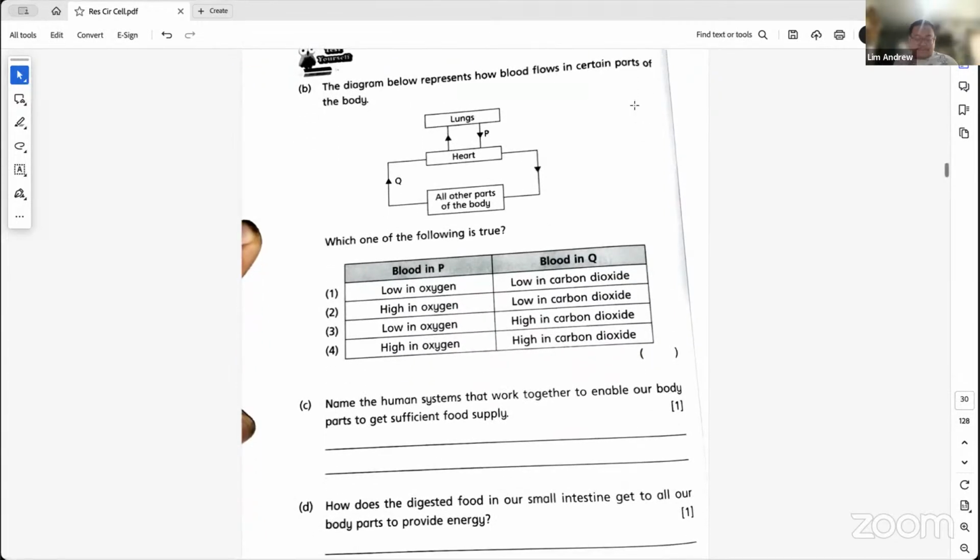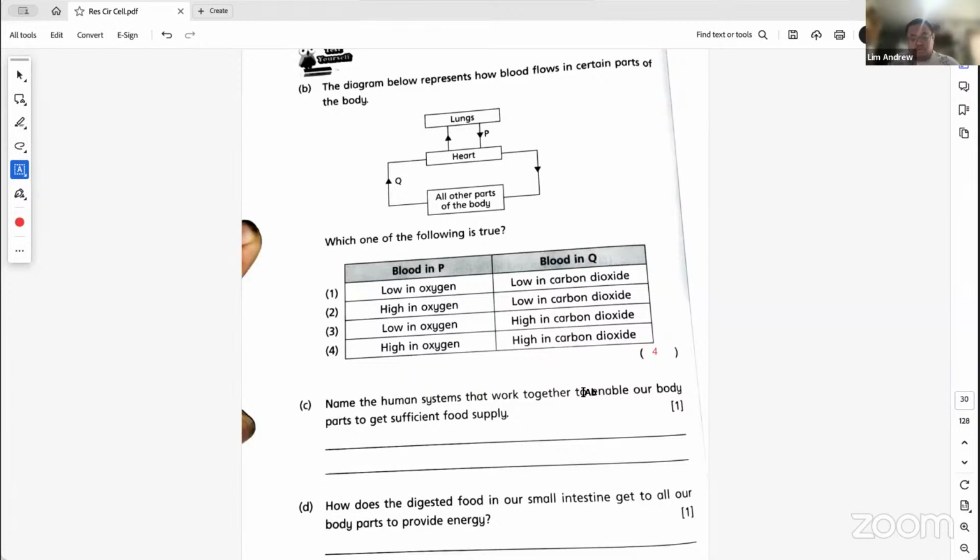Name the human systems that work together to enable our body parts to get sufficient food supply. Can I have a volunteer, please? Any takers? If no, I will carry on.